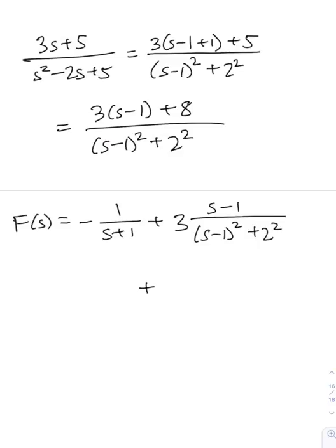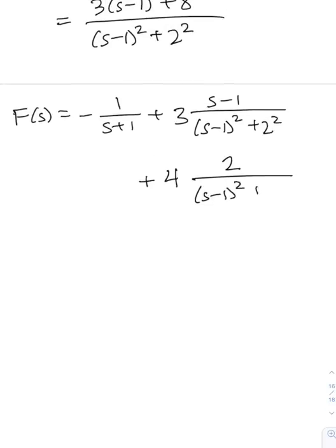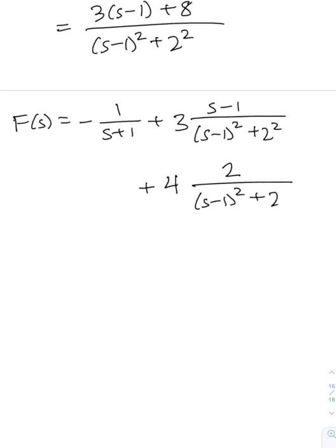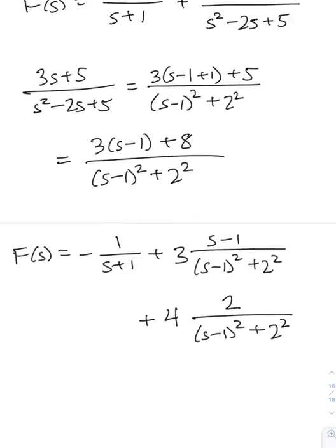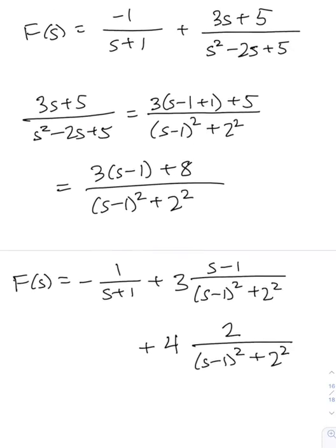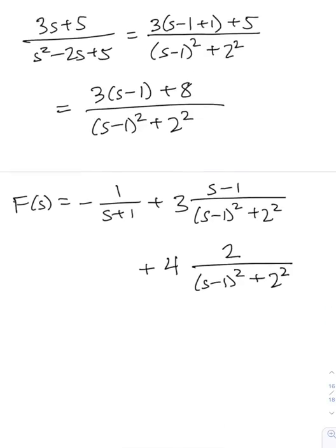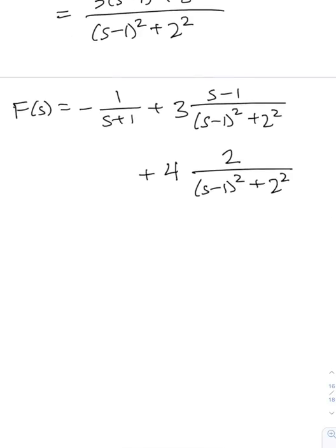So instead of 8, let me write it as 4 times 2 over s minus 1 squared plus 2 squared. All right, so I've now manipulated my capital F so that I can read all of those inverse Laplace transforms off of the table. So now let's do that and we will be done.